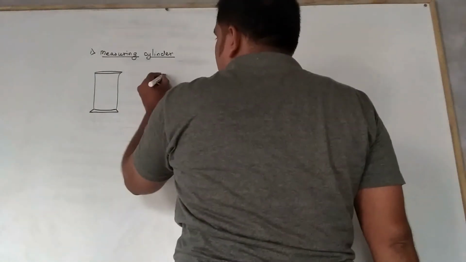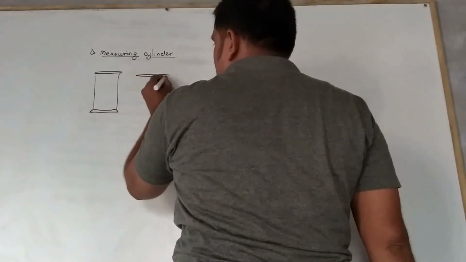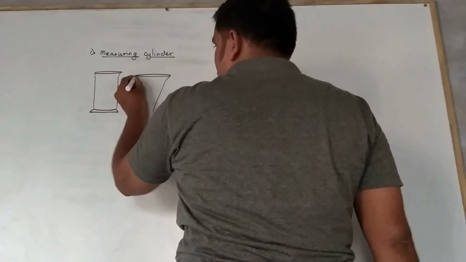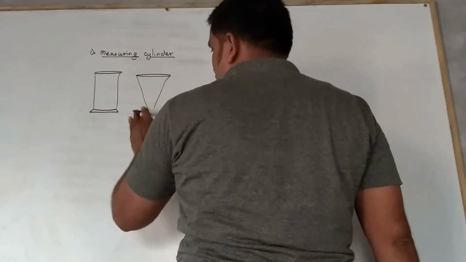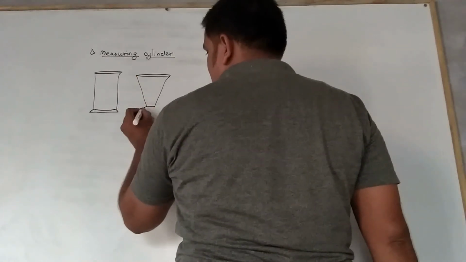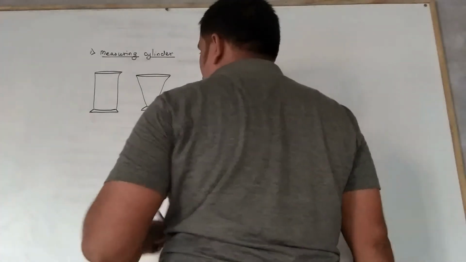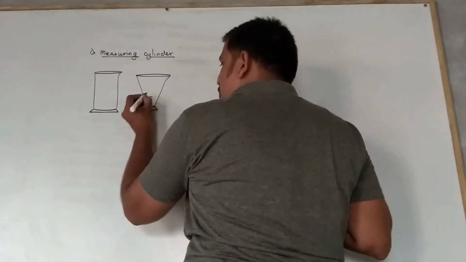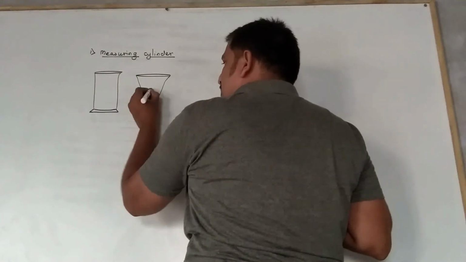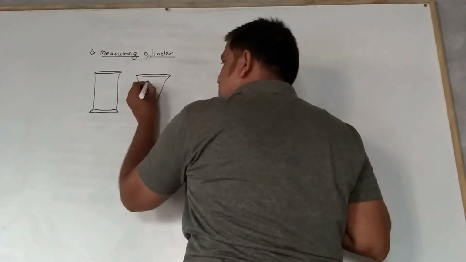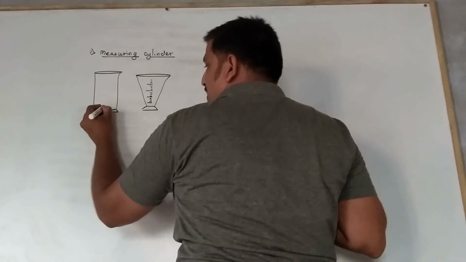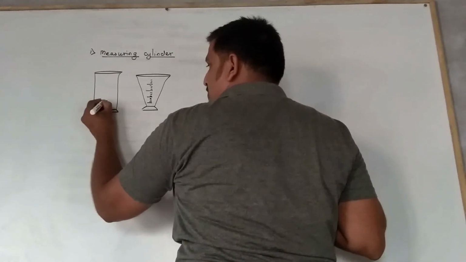And second, you find on the petrol pump like this, a conical shape. And here is the base, like this also you will find. And the graduations are done from bottom to the top. Here the lines are graduated over here, like this the lines are shown.